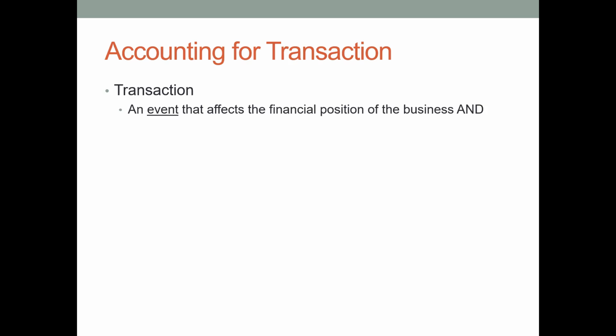So let's define a couple things about transactions. What is a transaction? It is any event that affects the accounting equation, essentially. It's anything that's going to affect the financial position of the business, and it has to be measurable. Let's say you're a biotech company and you make a discovery about a new drug.